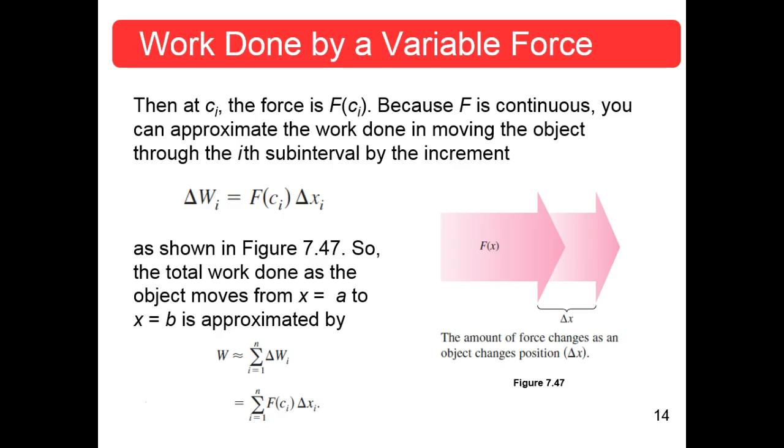Now, not too far of a stretch to imagine the work done is approximately that, which would be approximately equal to the integral from x equal A to x equal B of f of x dx. Now that's jumping the gun big time. Mathematicians want you to spend a lot more time fiddling with that, but that's what you're down to.